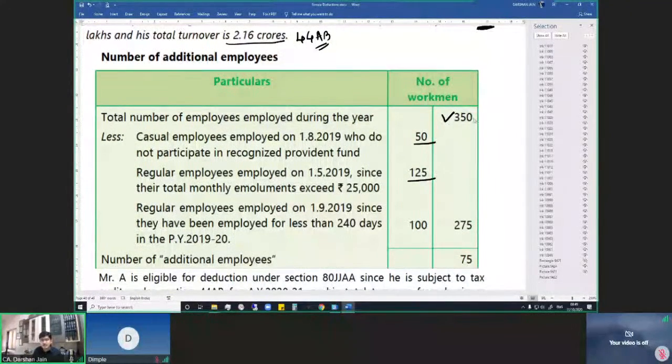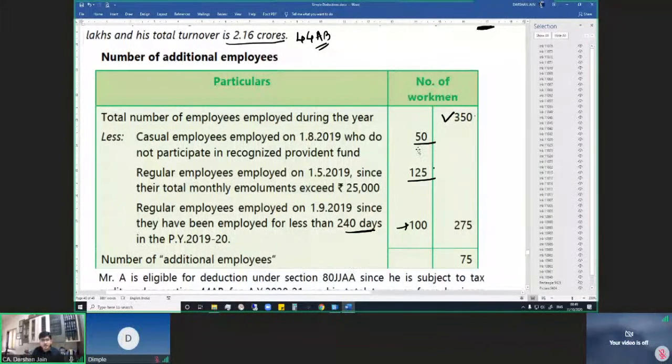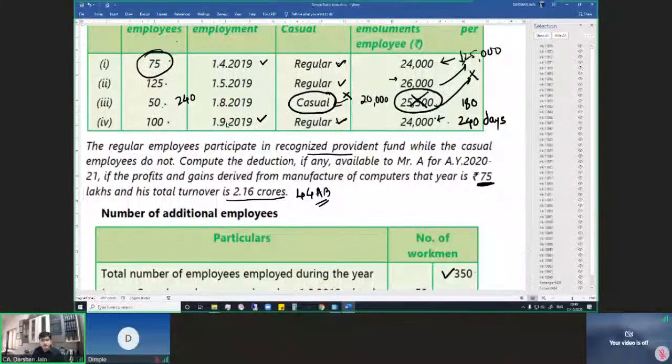So we deduct from the additional employees employed during the year those employees who are getting more than 25,000 rupees of salary, and regular employees who are not employed for 240 days. Since they have been employed for approximately 180 days, lesser than 240 days, I would deduct even the last leg of the employees employed on 1st of September 2019.